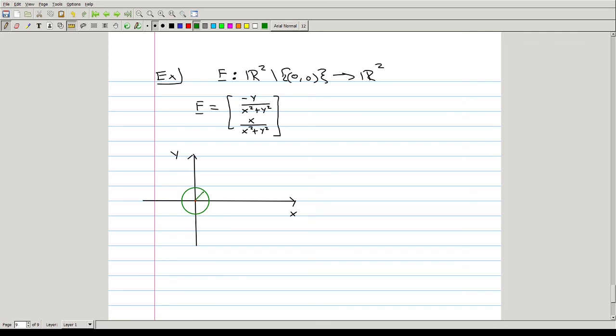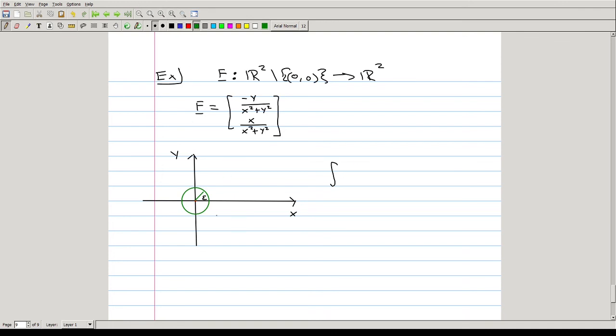So this is a circle of radius epsilon. The line integral over C epsilon, and this is in the counterclockwise direction, was 2 pi.